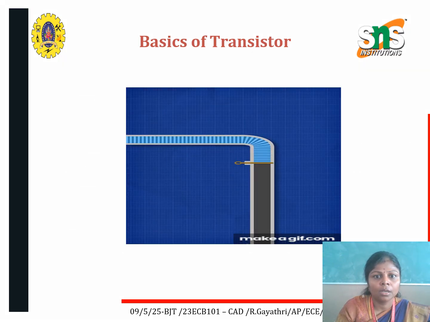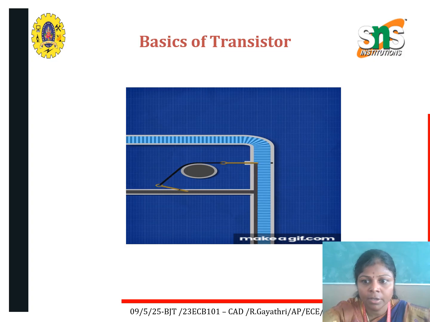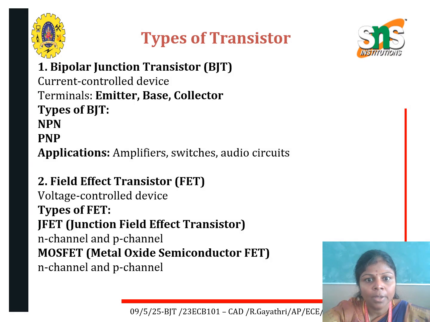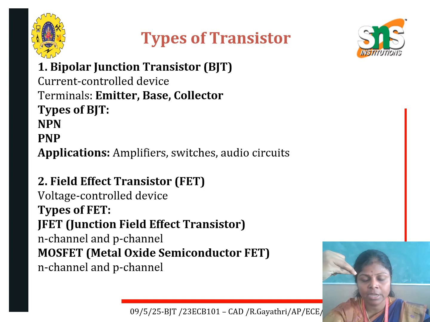Then coming to the basics of transistor, in the diagram we can represent that in each terminal the current will be flowing through it. Coming to the types of transistor, basically we have only two types, which are BJT and field effect transistor.